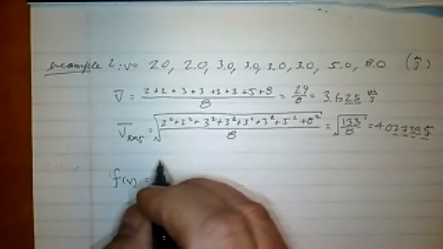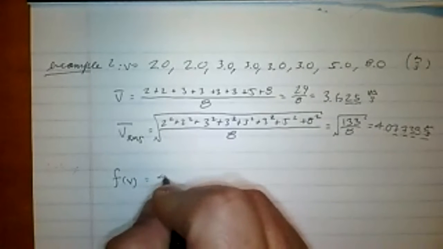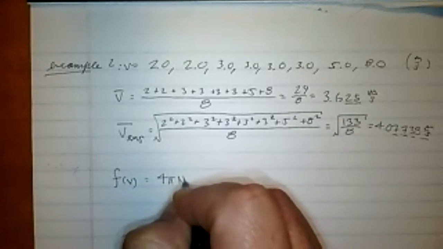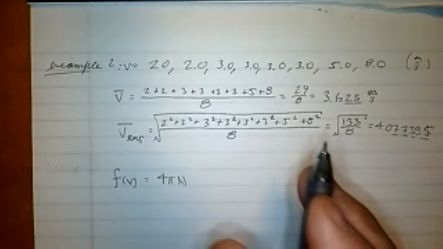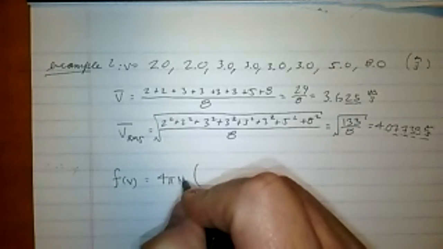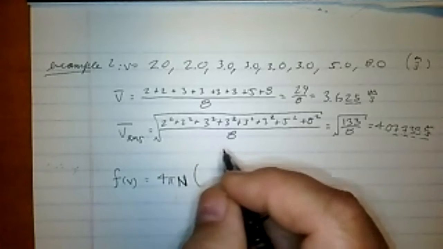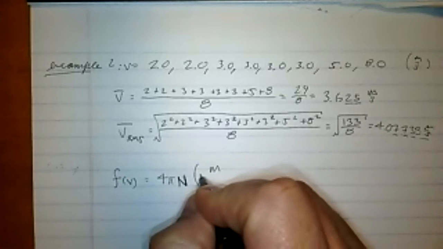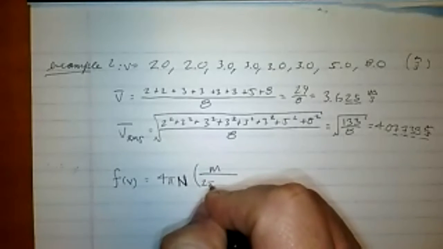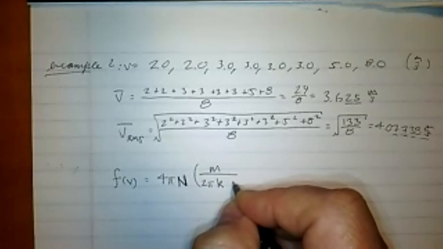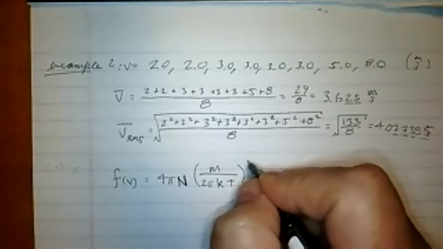and this is one you definitely want to have written in your equation sheet, but it's 4 times pi times n, where n is the total number of atoms or molecules you have. All of that, 4 pi times n, is then multiplied by m, the mass of the individual particles, divided by 2 pi times the Boltzmann constant times T, all of that raised to the 3/2 power.